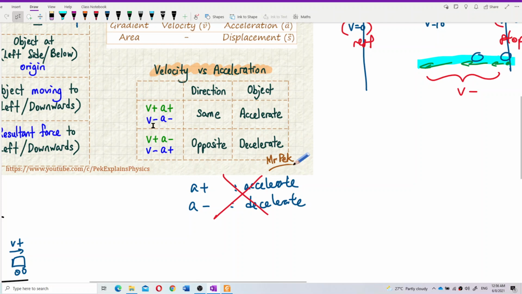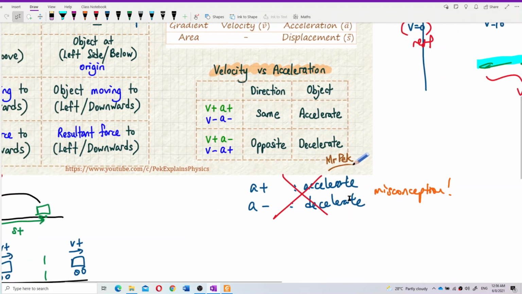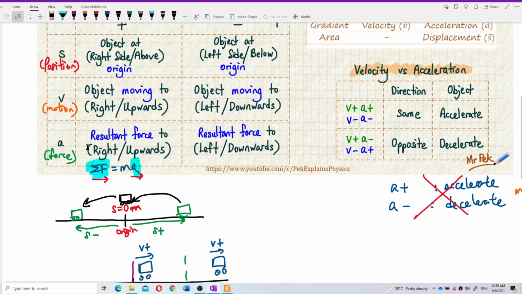But if the velocity is negative, it becomes the opposite. So bluntly, I say this is a misconception: acceleration positive means accelerate, acceleration negative means decelerate. The right way to think about acceleration is this one.